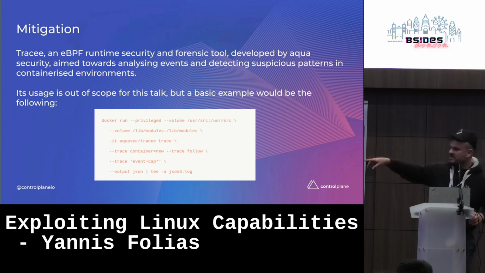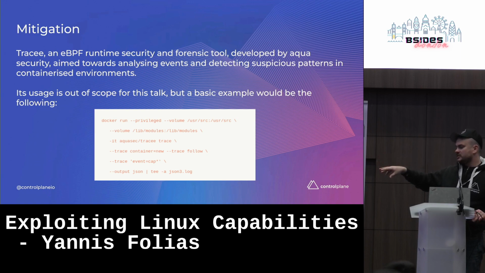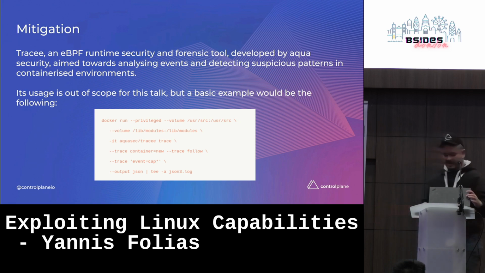Actually, yeah, I just quickly jumped through it. I would definitely advise anyone to use Tracee. This is an example of how we used it to identify capabilities during runtime. As I said, we were executing pipelines within Tekton, and we had to quickly identify what capabilities are required and what's being used internally. What this does is keep an eye out for any new containers that are popping up, and it's outputting the capabilities.